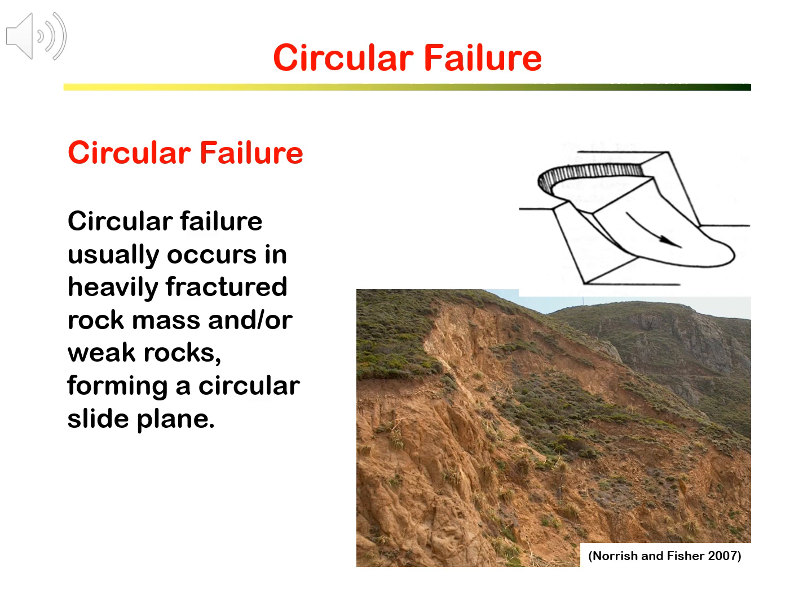For circular failure, the slope fails along a circular failure plane across the slope, as shown by the photo on the right. The slope fails along the circular sliding plane through very weak and highly fractured or weathered rocks.